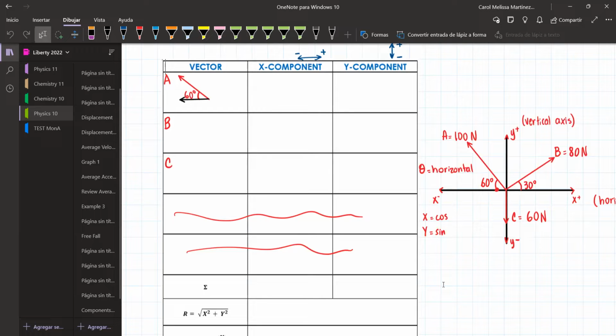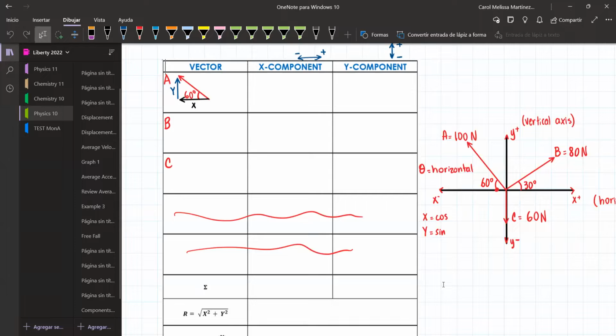This is going to be your X component, and this is going to be your Y component.